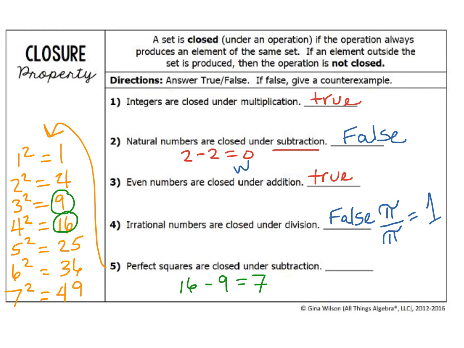I get 7. Is 7 anywhere on this list? 1, 4, 9, 16, 25. It's really not. 7 falls in between the 4 and the 9, which means that it is not a number that will give me a perfect square. Okay? It is not one of those perfect squares.